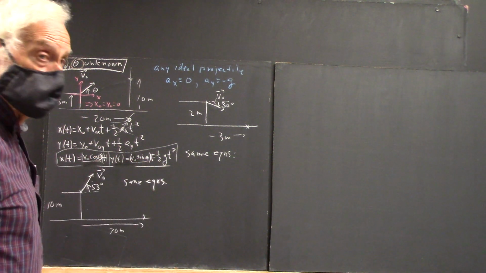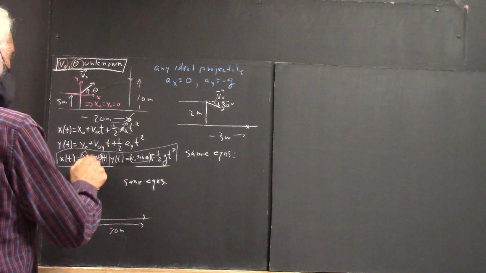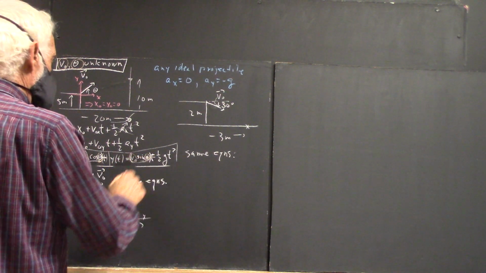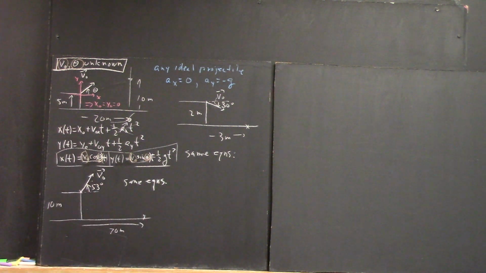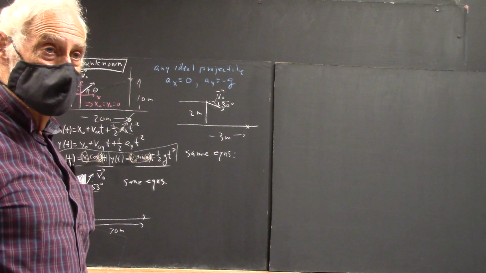Everything else is known. So here we have v naught, and here we have theta. Here we have v naught, here we have theta. Everything else is known. Well, actually it isn't, because we don't know t, do we?